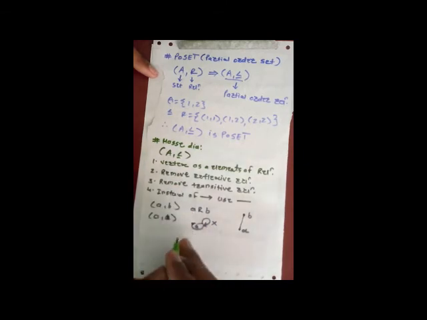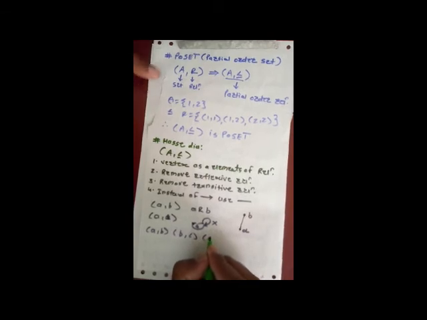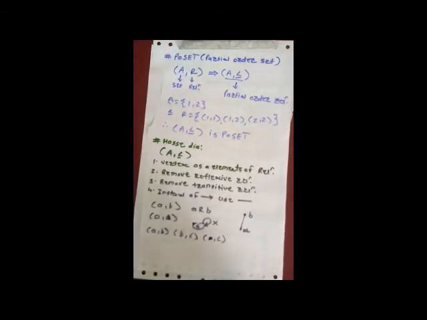Then again we have to remove transitive relations. That is, if there is a comma b, then b comma c, and again if it contains a comma c, then we have to remove the transitivity.